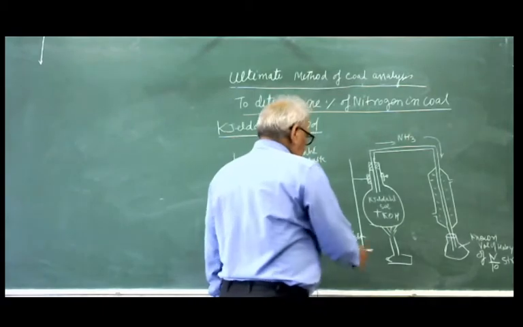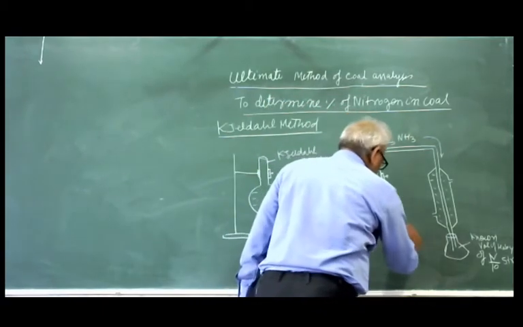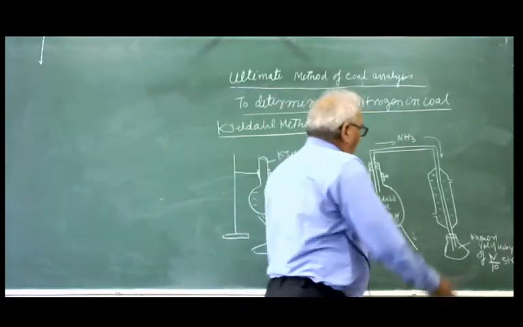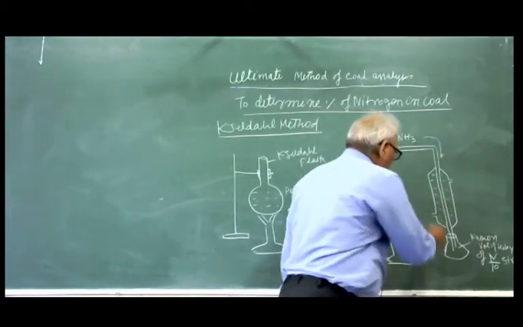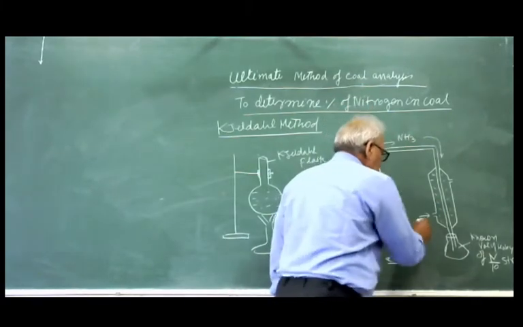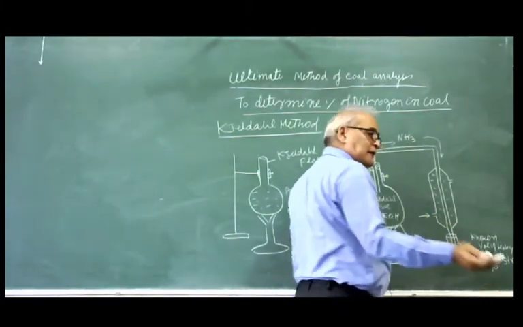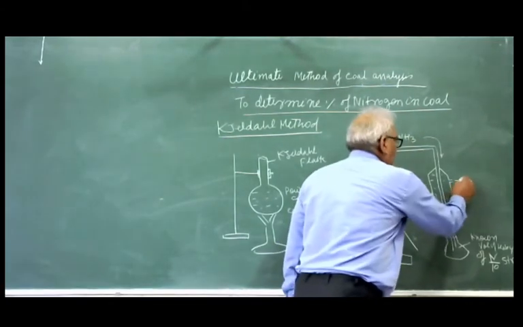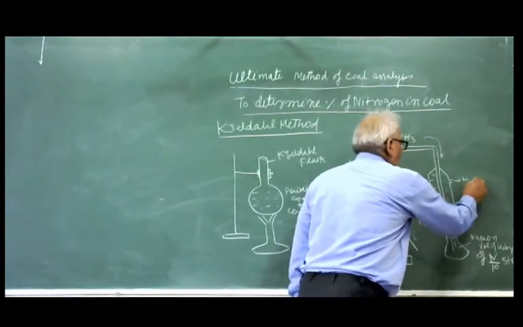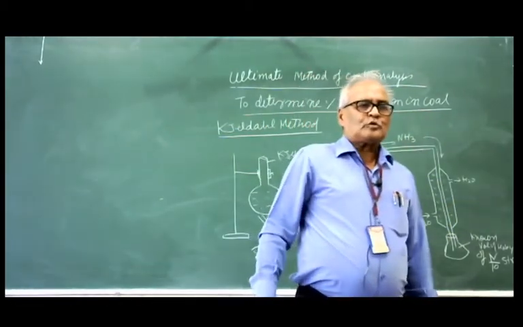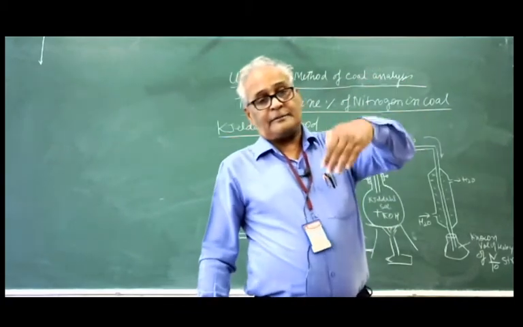So just see, we put here a stand like this. Water condenser means you pass water, connect it to the tap, H2O in and H2O out. So it circulates to condense the ammonia.